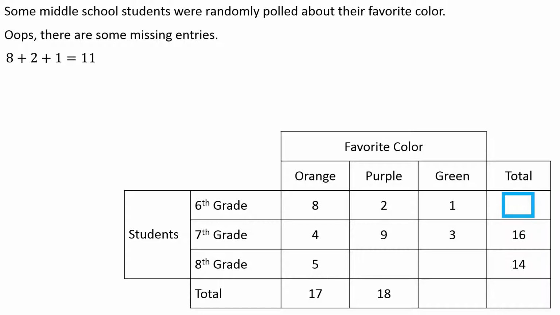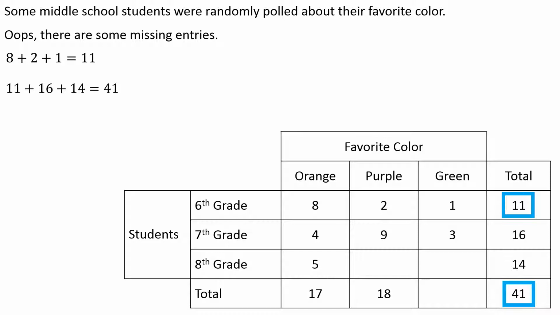Well, I can figure out how many 6th graders there are, because 8 plus 2 plus 1 adds up to 11. I can now figure out the grand total number of students, because 11 plus 16 plus 14 makes 41.